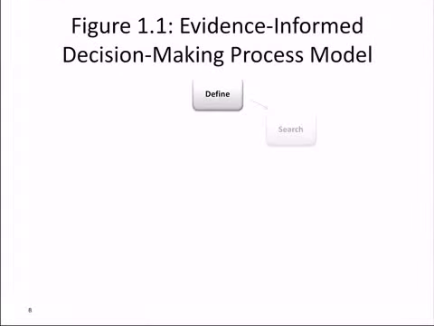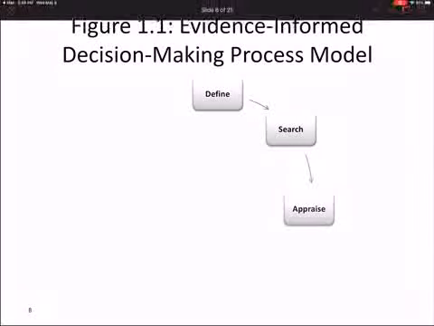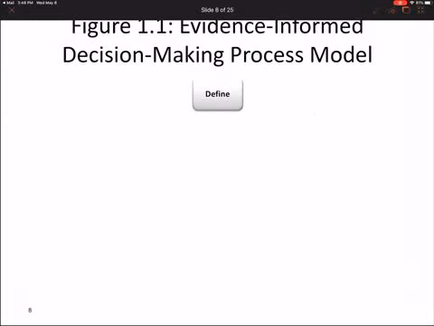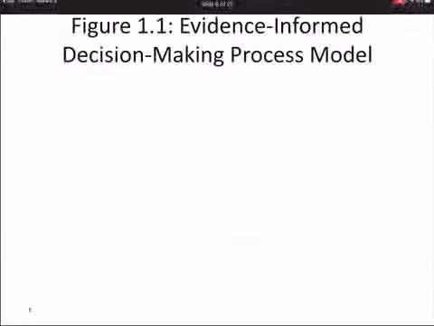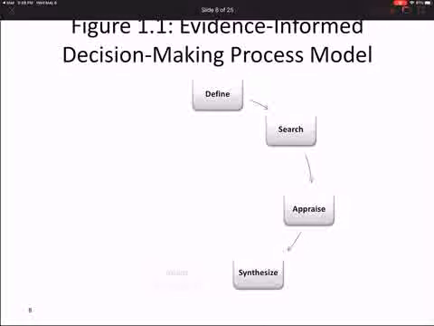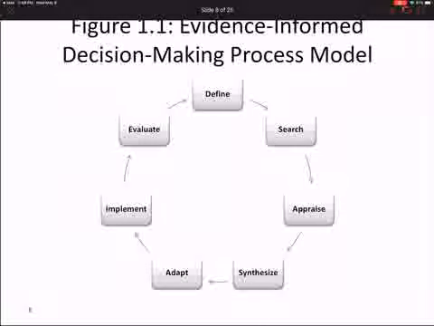This is a figure that shows up in probably every chapter or every other chapter of your textbook. So it is important to understand that this is the model that the authors like to use to talk about the evidence-informed decision-making process. You first define the problem, you search for solutions using literature search, you appraise what you have found through the search process.